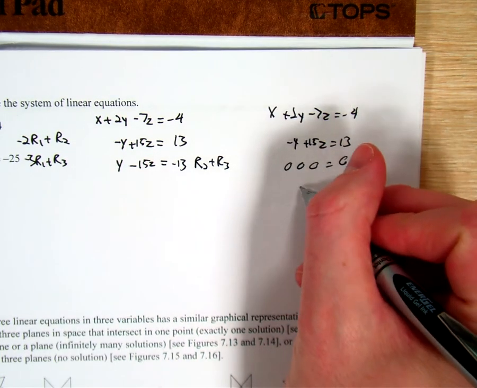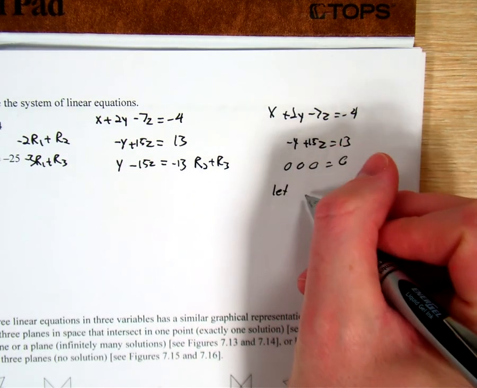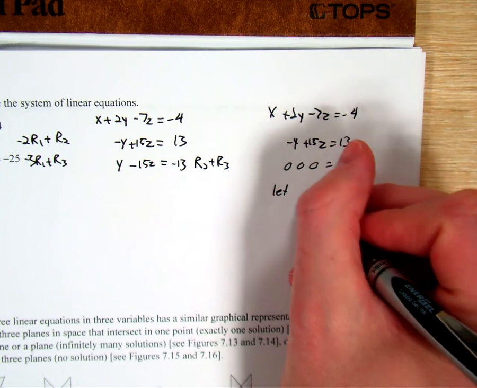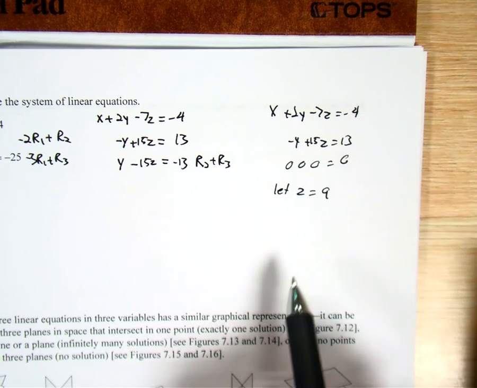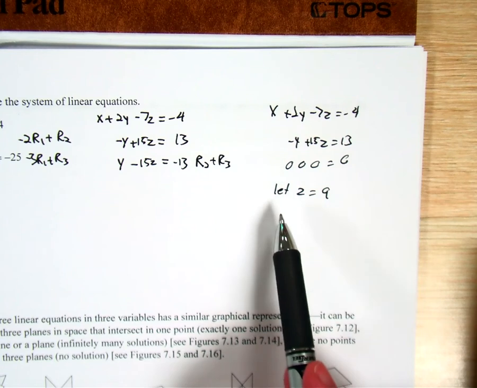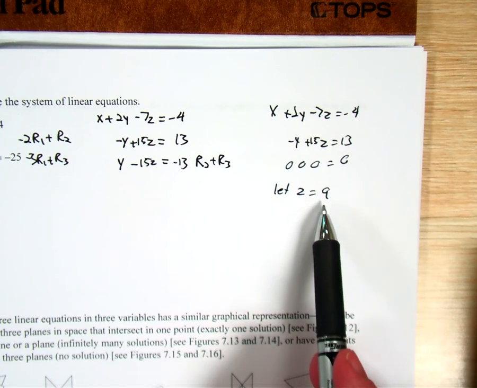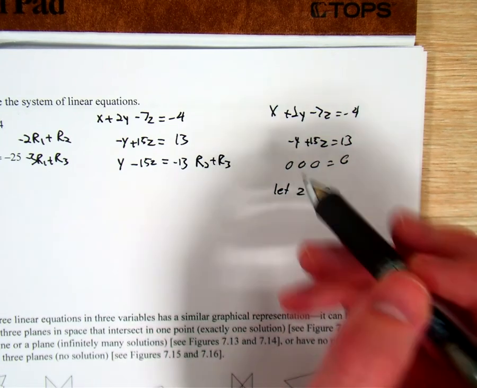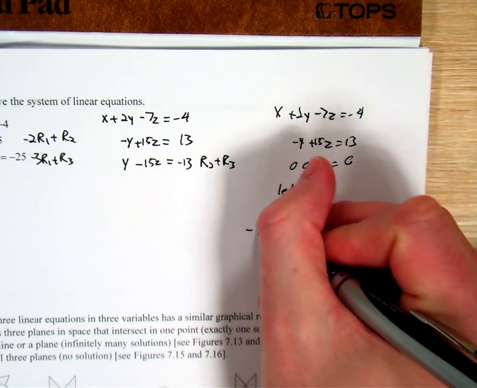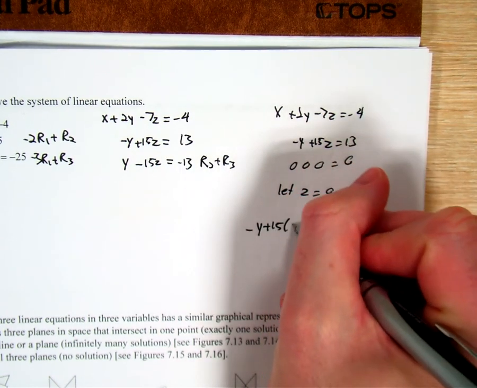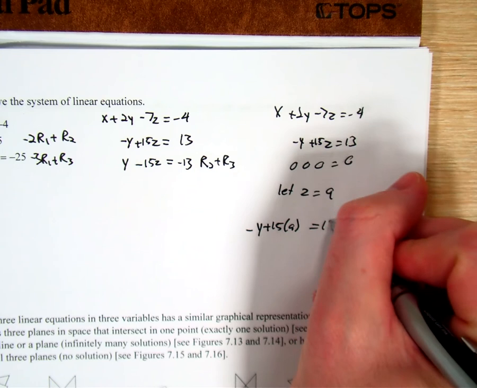So we're going to let z equal some a. Let z equal a. And now we're going to back substitute, and we're going to have all of our variables in terms of an a. Okay, z equals a. So let's plug that in here. Okay, -y plus 15 times a equals 13.